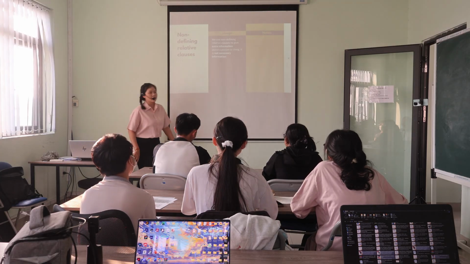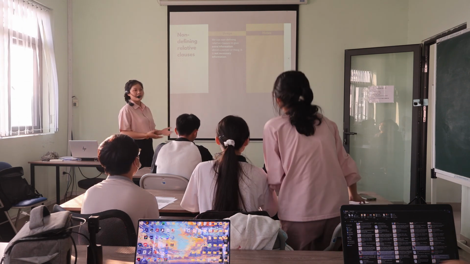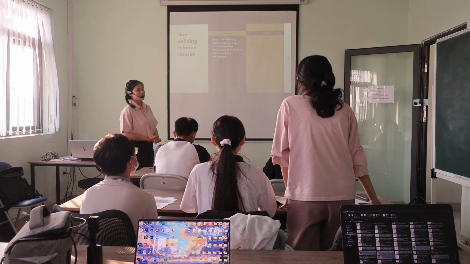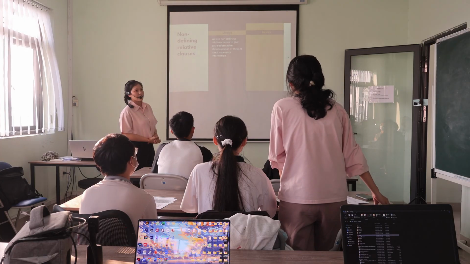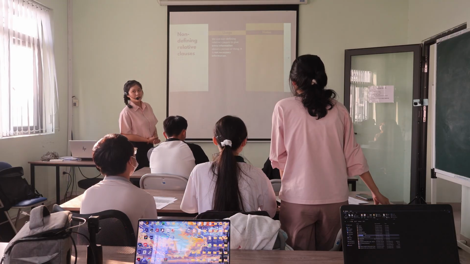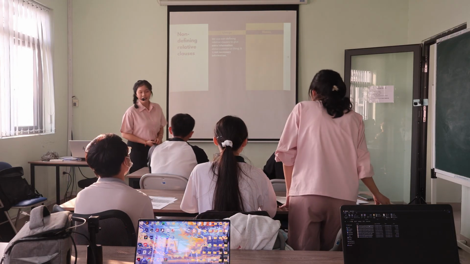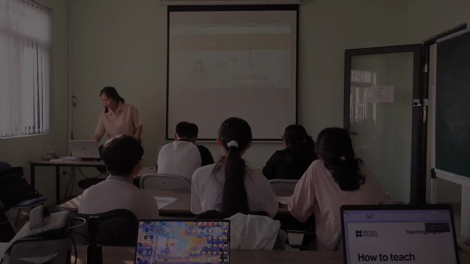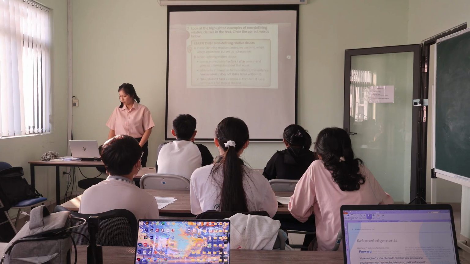Now look at the uses. Who can read the uses for me? Read louder, everyone. Extra information about... Okay, very good. And now we have some notes in the box.